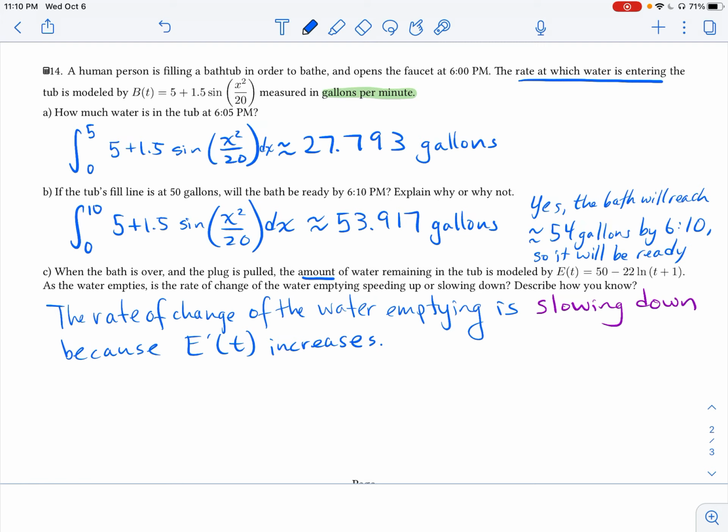Okay? With that said, the water is still constantly draining. So we're looking at E prime of t actually increasing. Because I know this seems somewhat counterintuitive, another way of saying this is that less water is being emptied as time passes.